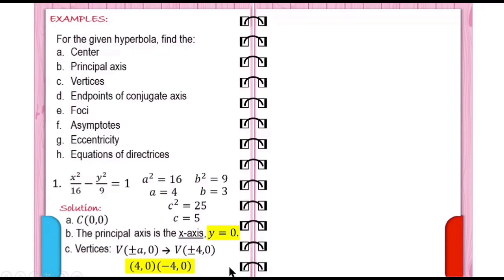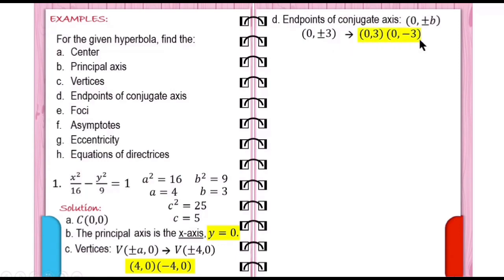On the other hand, the endpoints of conjugate axis are 0, plus and minus b, which is 3. So the endpoints of conjugate axis are 0, 3, and 0, negative 3. While the foci are plus and minus c, which is 5, 0. And these are 5, 0, and negative 5, 0.